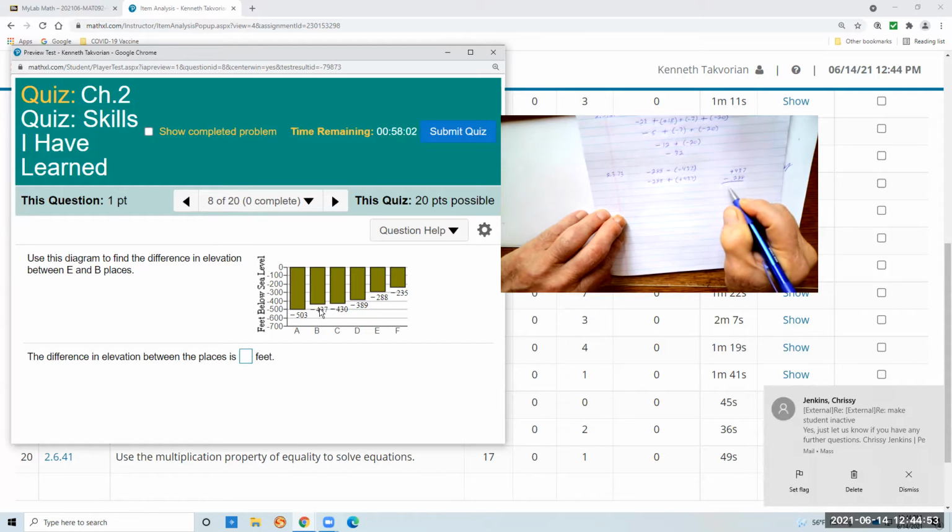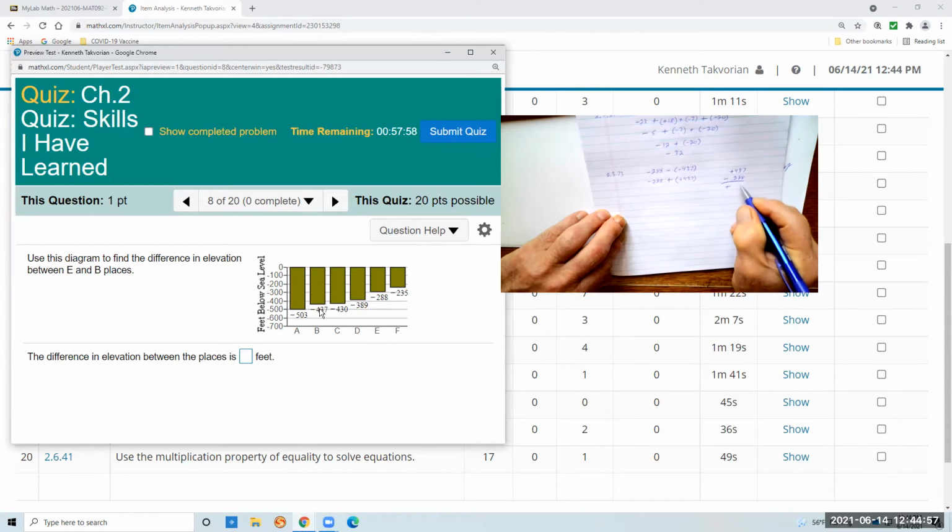So the bigger number is positive, so it's going to be a positive result. 8 from 17, that would be 9. 8 from 12, that's going to be 4. 2 from 3 would be 1. Double check myself. 9 and 8 is 17. 5 and 8 is 13. And 2 and 2 is 4. So the answer to this problem is a positive 149, or just 149 is okay.